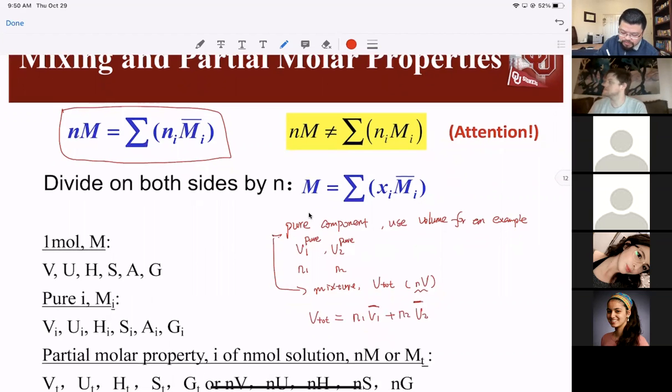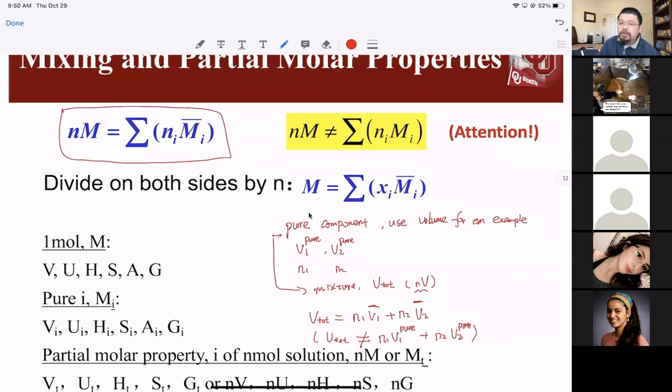V total is not N1 V1 pure plus N2 V2 pure, because the volume changes when we mix. That is the daily life experience, right? When you have water and ethanol and you try to mix them, the total volume will be smaller than the simple summation of the volumes.